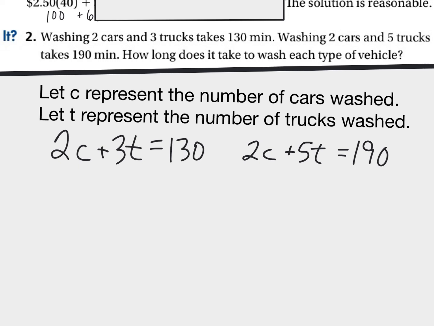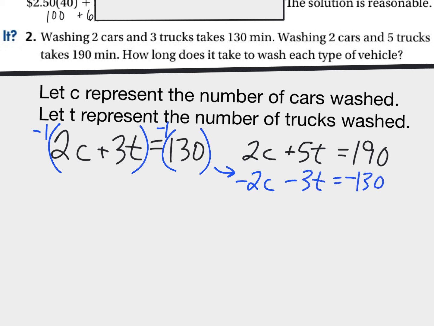You can do either one, but the first equation has smaller numbers, and so that's the one I'm going to multiply by -1, just because then I'm not going to have to deal with negatives so much when I work this out. So I'm multiplying by -1. I'm drawing my arrow so I can see a progression of what I'm doing here. This would be -2c minus 3t equals -130.